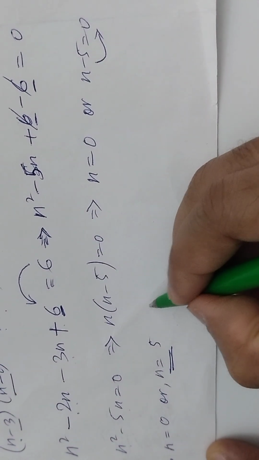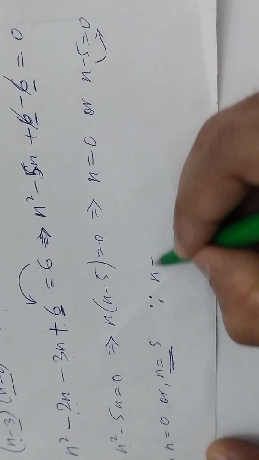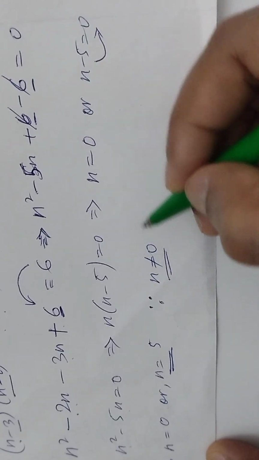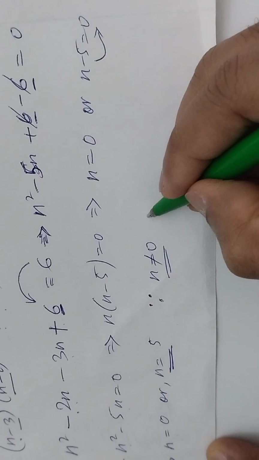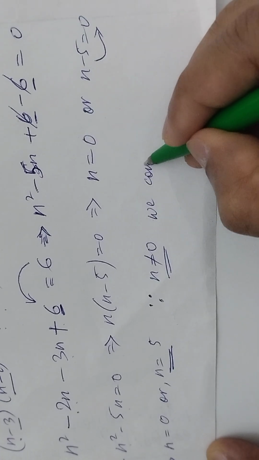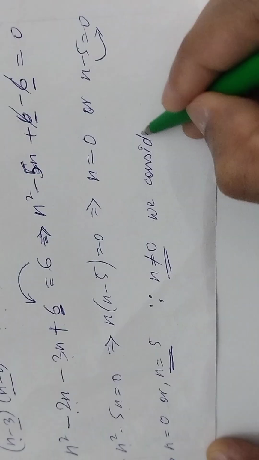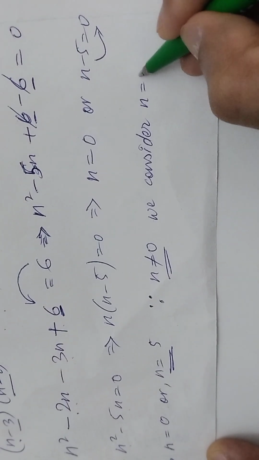But for factorials, n cannot be 0 in this situation. So we consider n is equal to 5.